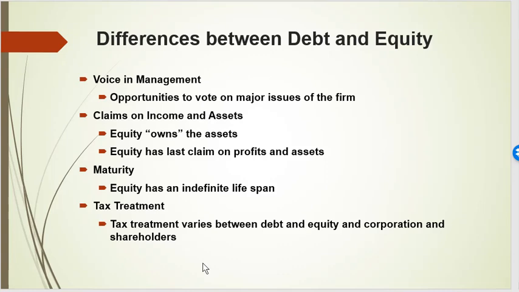In addition, since they own the company, they have claim to profits of the company. So the net income of the company essentially belongs to the shareholders. Now, how that is distributed is a matter for another series of videos. But the shareholders of a company are entitled to all of the assets of the company and all of the profits of the company.